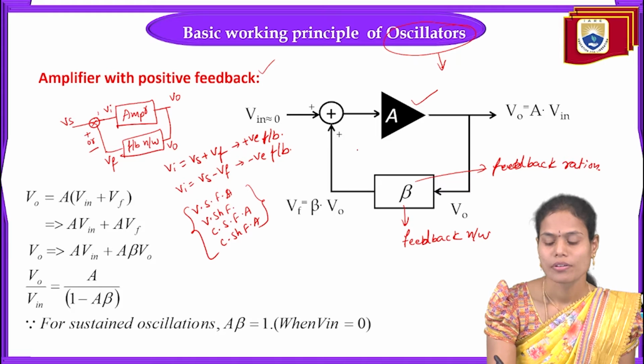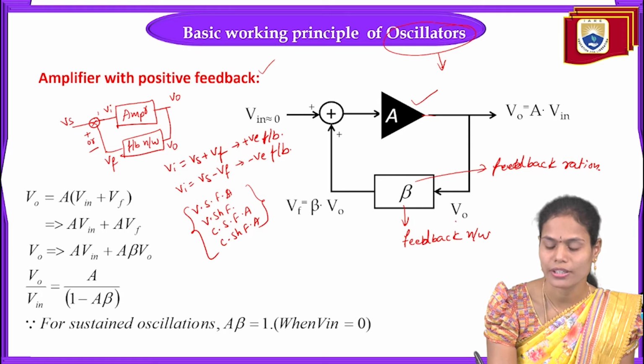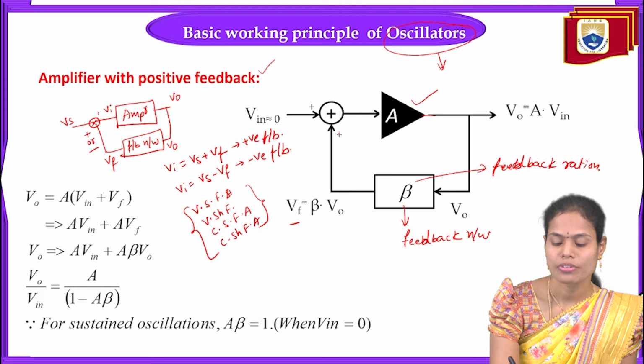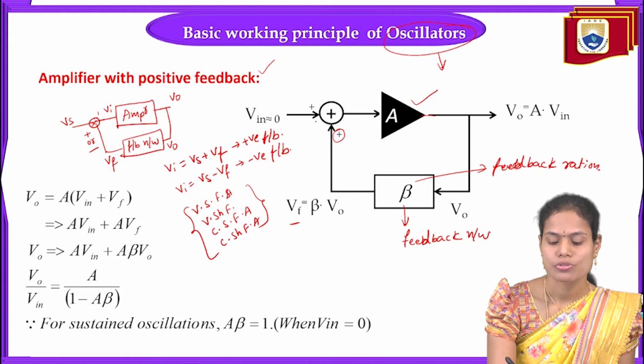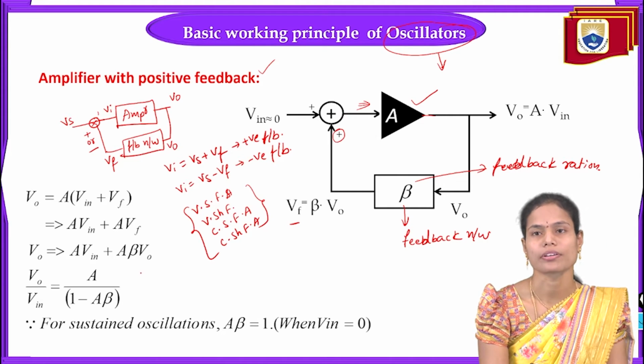A sample of the output signal we are taking here is the input for the feedback network, and the output for the feedback network is VF. We are providing the positive feedback, so that's why we are indicating with the plus. In this case, Vin plus Vf we are applying to the input of the amplifier.